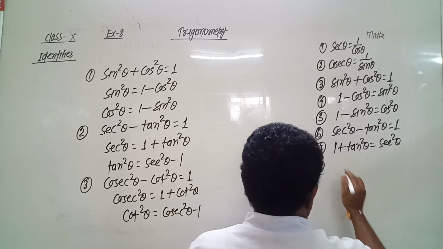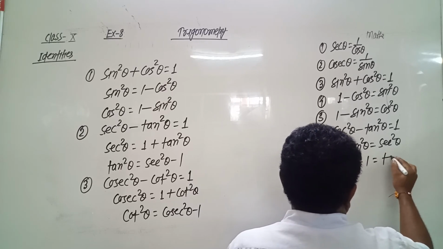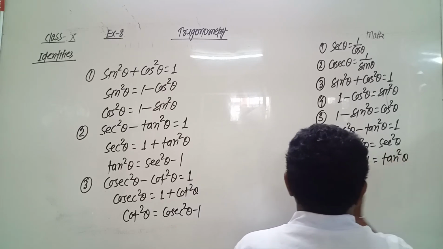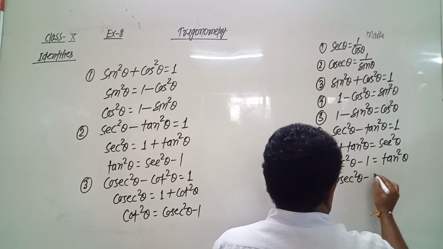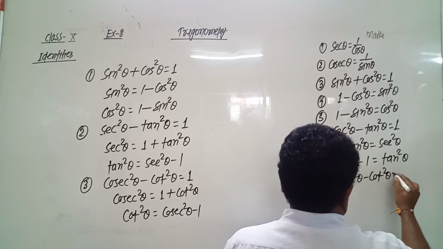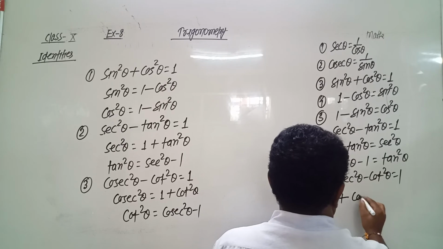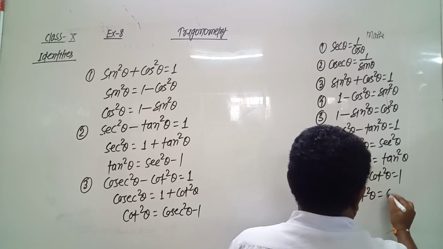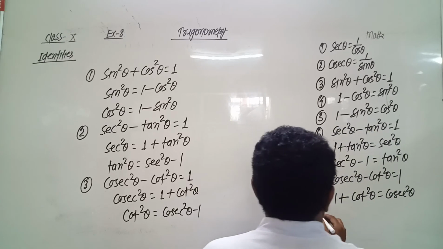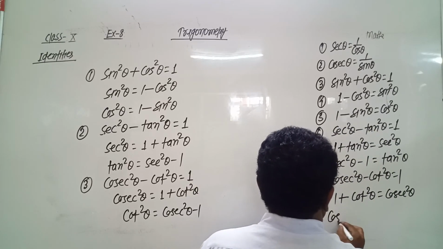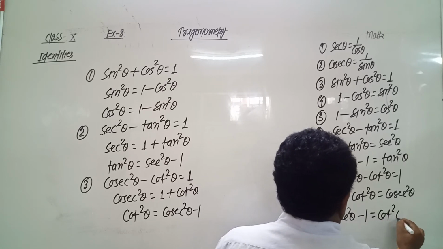And sec squared theta minus 1 equals to tan squared theta. Cosec squared theta minus cot squared theta equals to 1. 1 plus cot squared theta equals to cosec squared theta. And cosec squared theta minus 1 equals to cot squared theta.